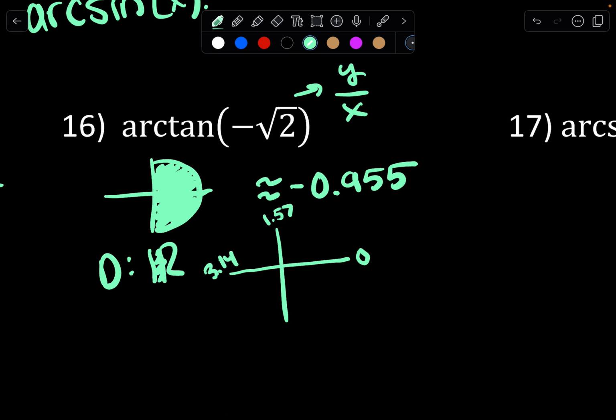3 pi over 2, I can't remember what that was. I should be able to do the math. 3.14 plus 1.57, we get 4 that becomes an 8 raised to 2. I think it's 4.28 or 4.38. Well, embarrassing that I can't do mental math. Math is not mathing.